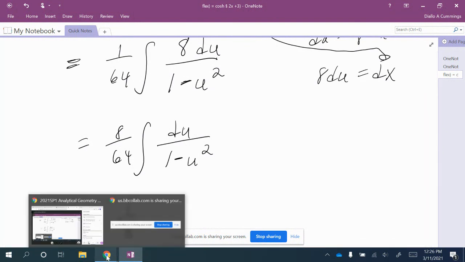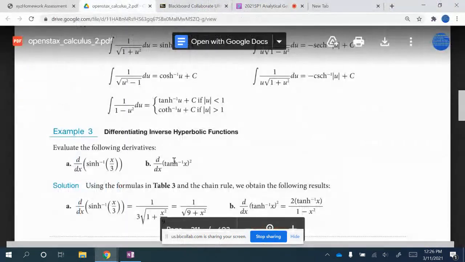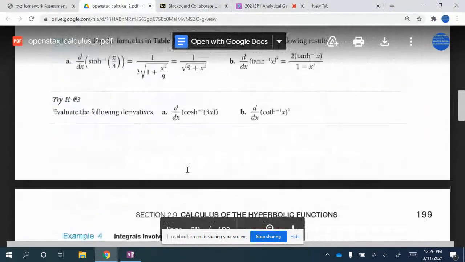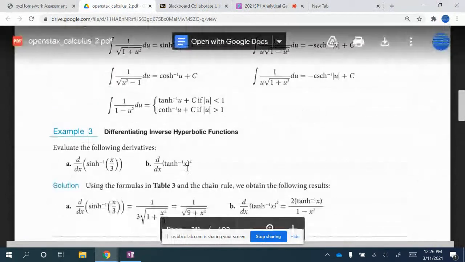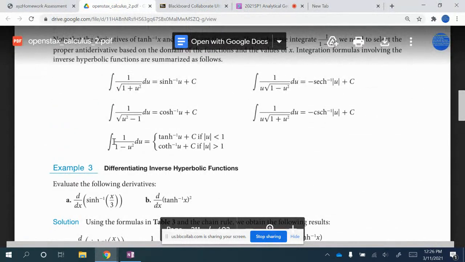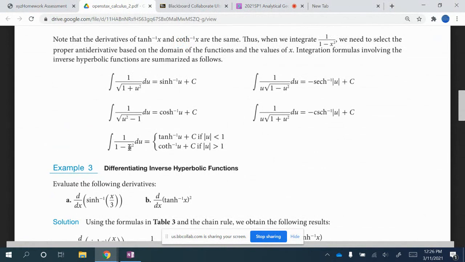If I look at the formula, this is on page 198: 1 divided by 1 minus u squared is the inverse hyperbolic tangent of u plus c. So I'm going to simply substitute this integral for the inverse hyperbolic tangent of u plus c.